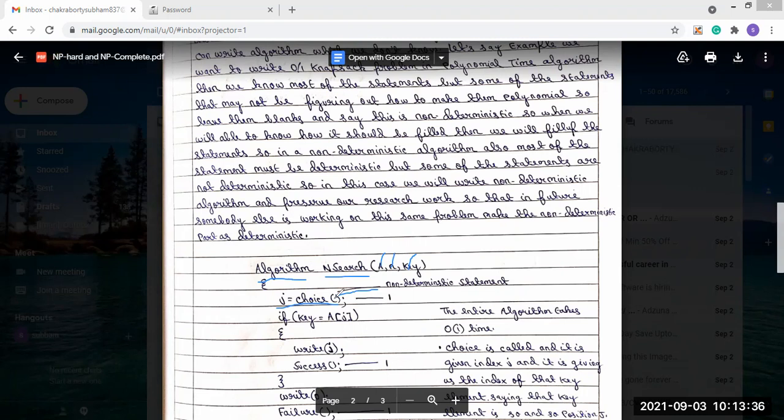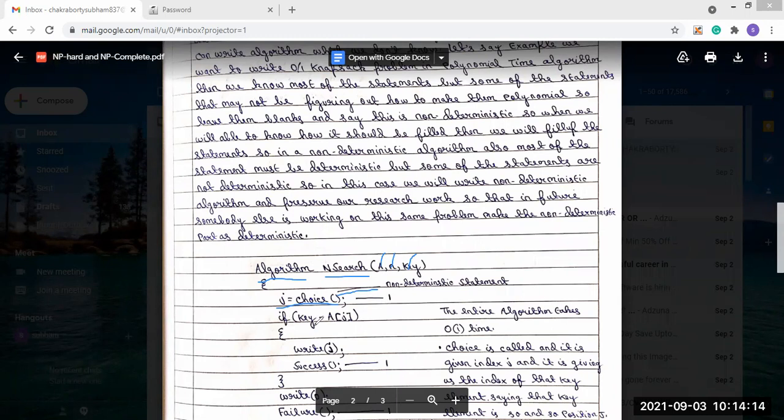That is why it is non-deterministic: j will know directly which position holds the key element, and choice will know it directly.